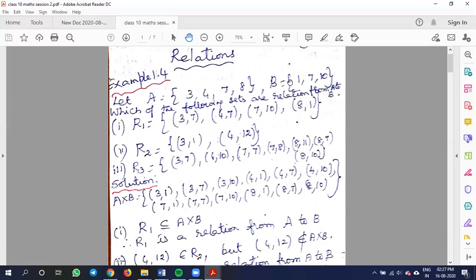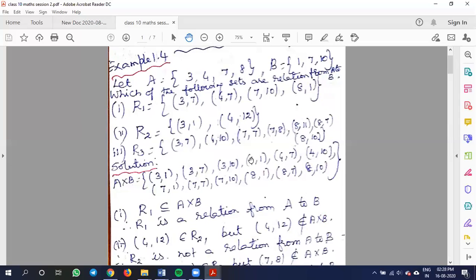That is (3, 1), (3, 7), (3, 10), (4, 1), (4, 7), (4, 10), (7, 1), (7, 7), (7, 10), (8, 1), (8, 7) and (8, 10).